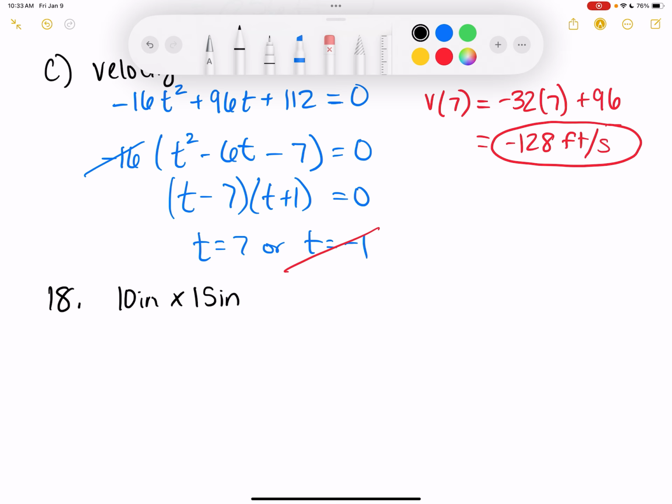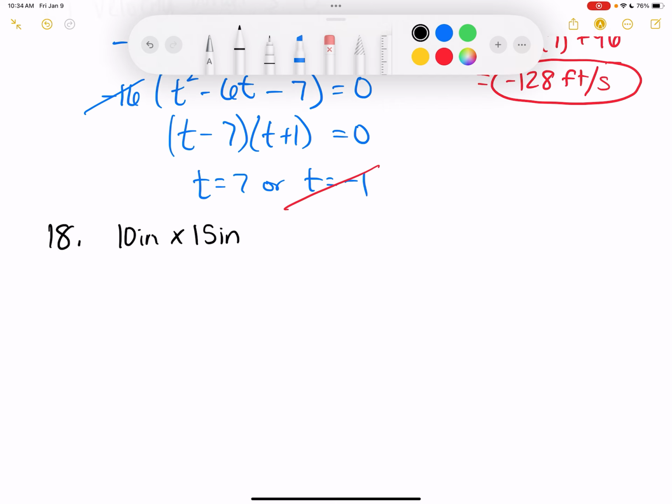And then it says 2 equal squares are removed from the corners, and they're going to give a picture, so I'll draw the picture in a second. 2 equal squares are removed from the corners of a 10-inch side as shown in the figure. 2 equal rectangles are removed from the other corners so that the tabs can be folded to form a rectangular box with a lid. So I'm going to do my best to draw this box here.